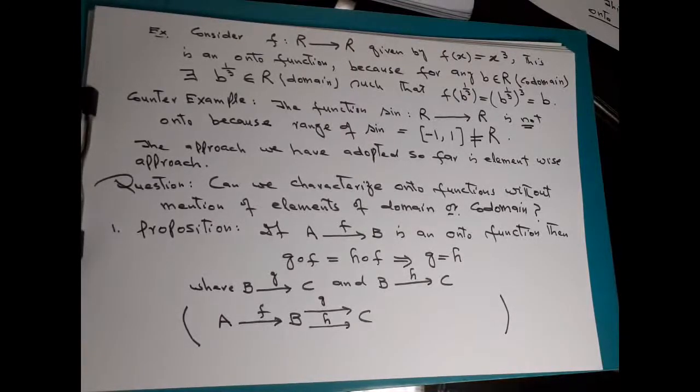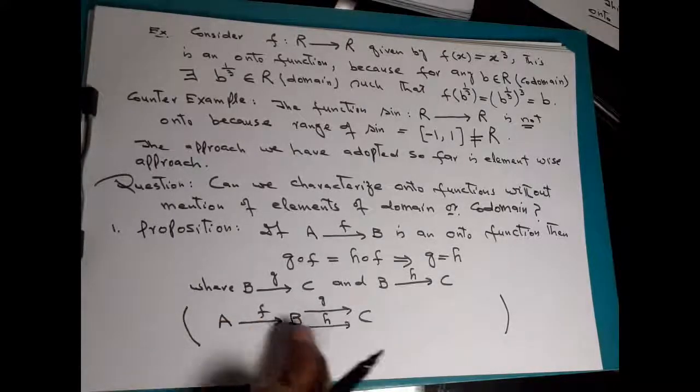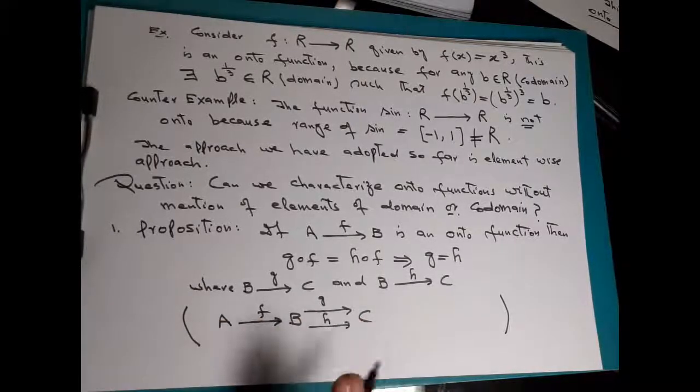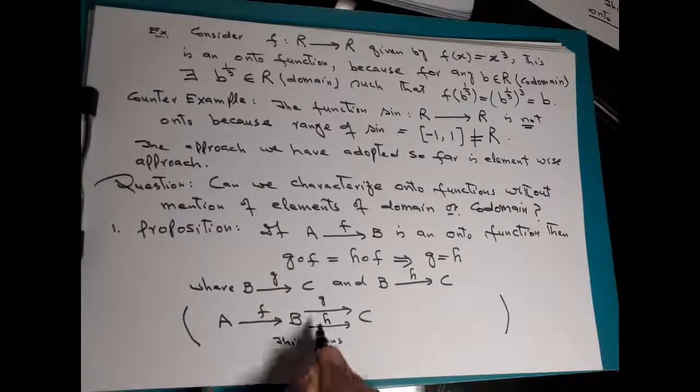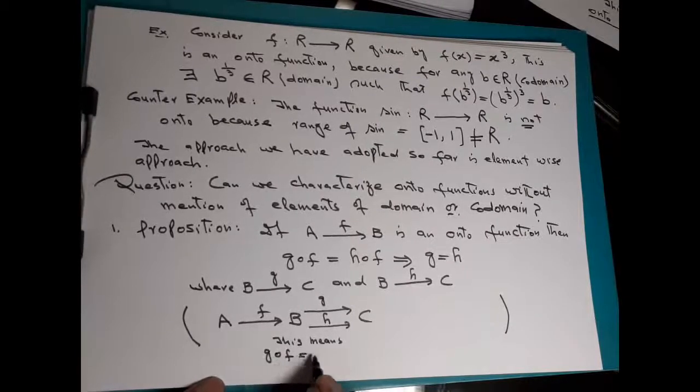But anyway, now you can see that we can compose G with F, G circle F, and H with F, H circle F. Mostly in category theory, when we draw this particular diagram, this means that G circle F is equal to H circle F.